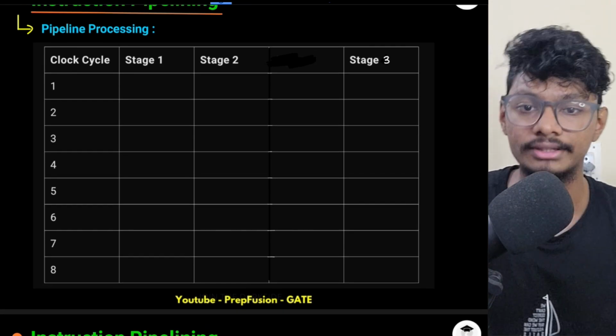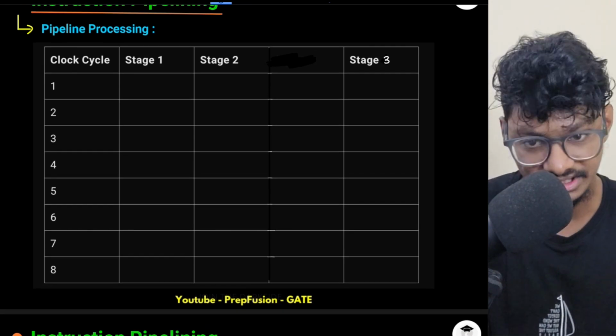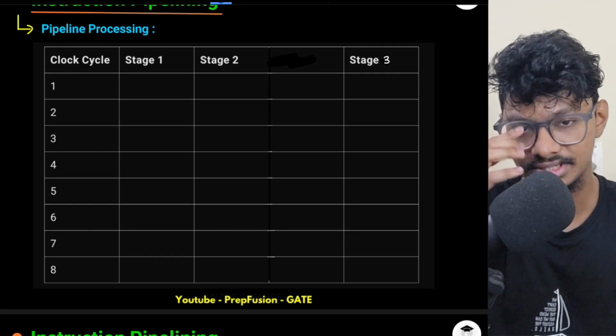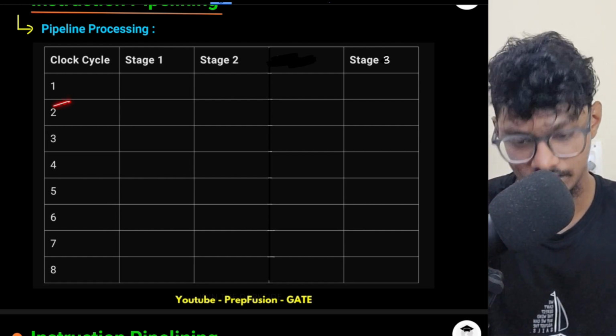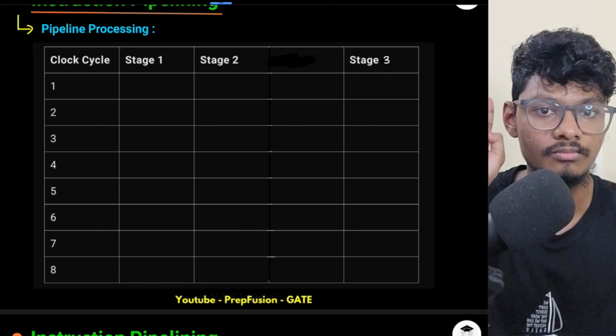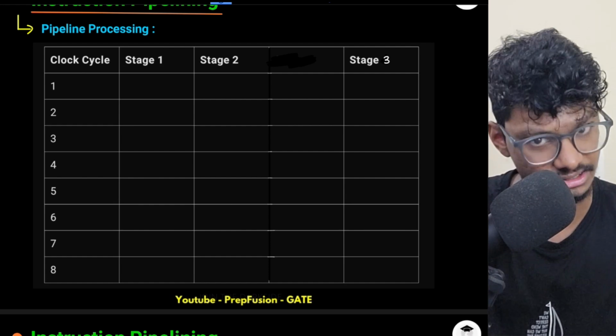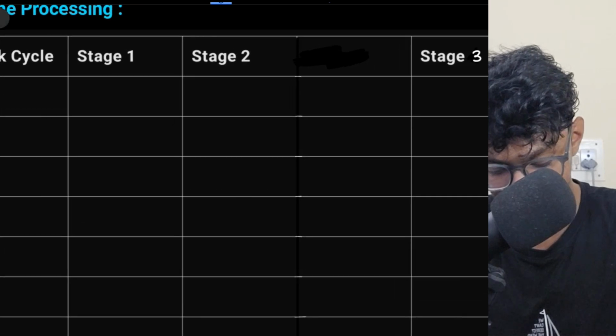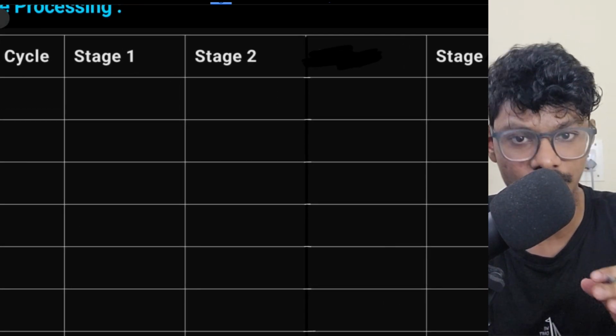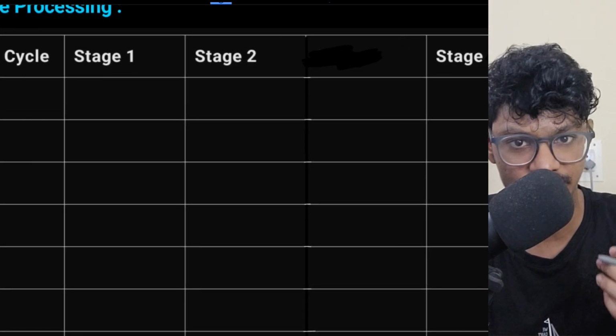So let's solve together what is happening in each stage. We actually perform operations according to clock cycles, so each clock cycle will perform a task in each stage. In the first clock cycle, in stage 1, I will load my x1 and y1.